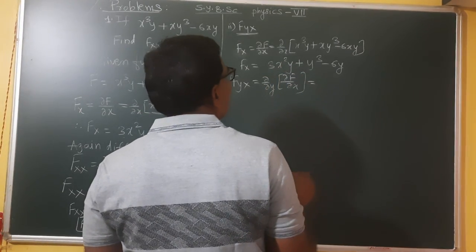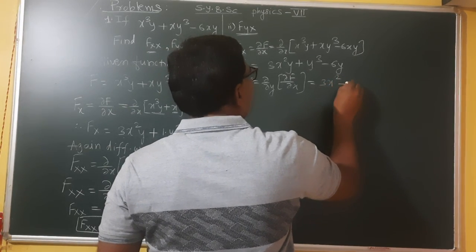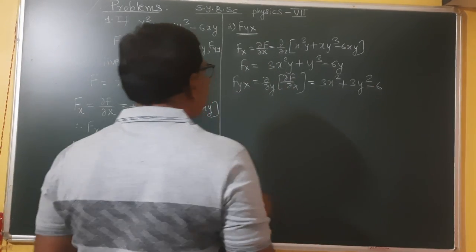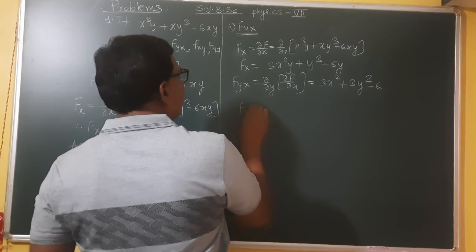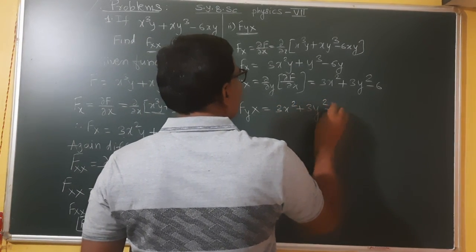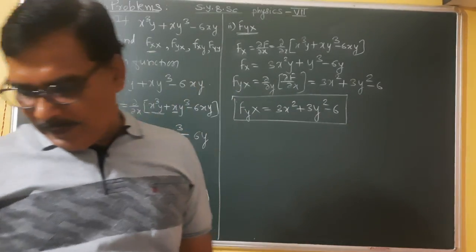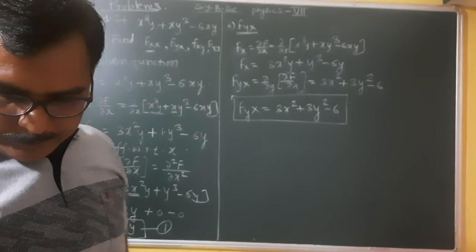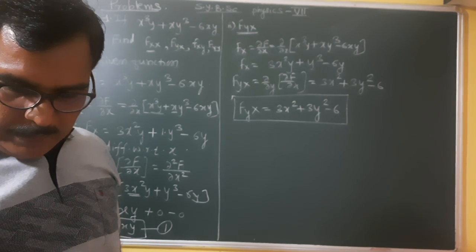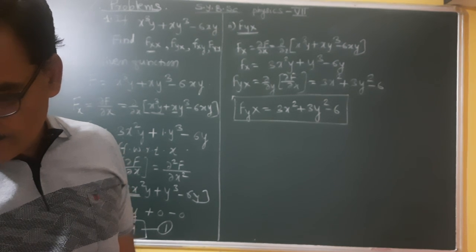This is 3 into x square plus 3 into y square minus 6, and it gives that fyx is equal to 3x square plus 3y square minus 6. Yes, it is absolutely correct. This is the function we have to consider here.